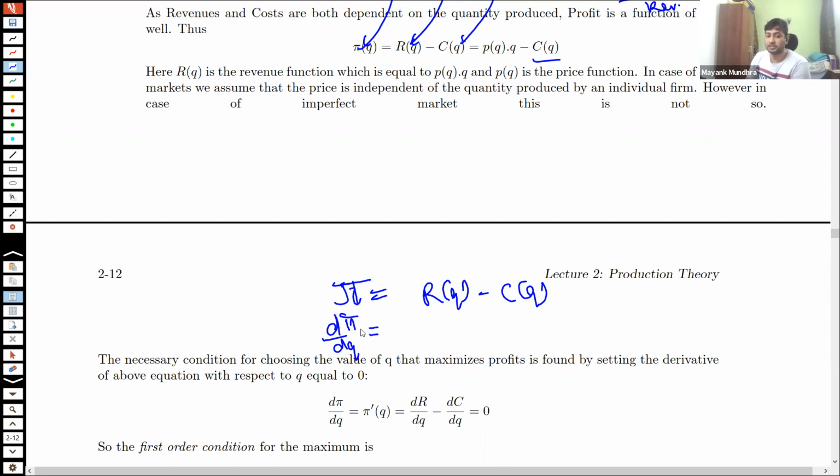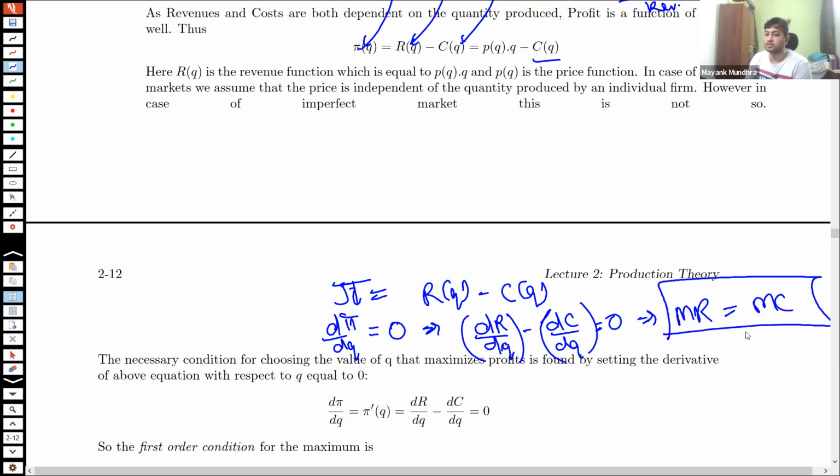So we learned about optimization. Optimization means you differentiate and equate to 0. So that is likely to be an optima. So d pi by dq equals 0 implies dr by dq minus dc by dq must be equal to 0, which implies dr by dq, which is your marginal revenue, must be equal to dc by dq, which is your marginal cost. So marginal revenue equals marginal cost is true for all producers. Generally, we try to think that it is true only for a monopolist, that for a competitive firm, it is price equals marginal cost.